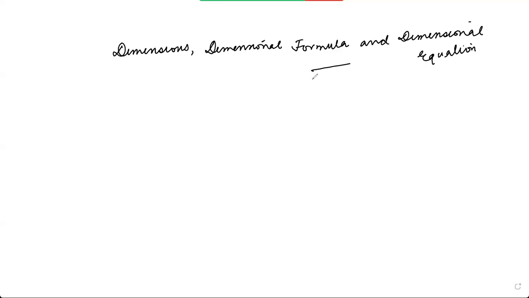Dimensions of a derived unit are the powers to which fundamental units of mass, length, time, etc. must be raised to represent that unit. For example, let us consider speed. Speed is distance by time.